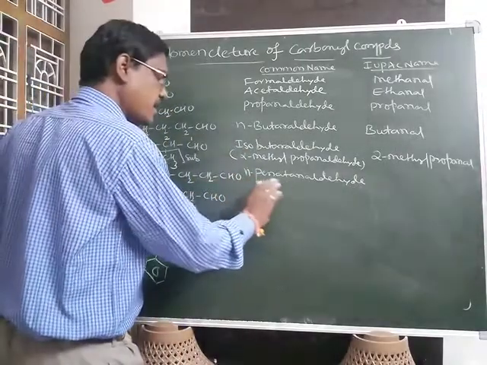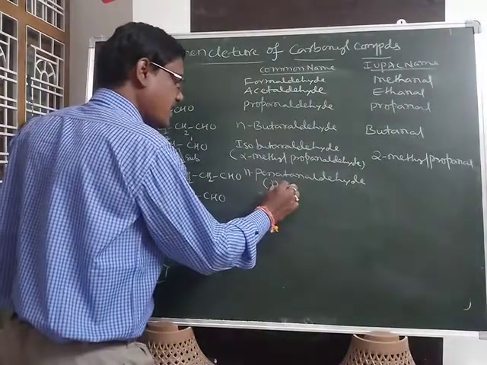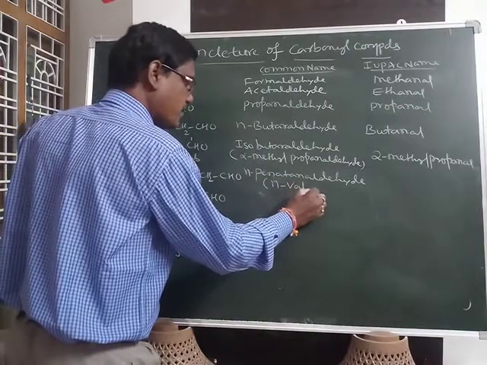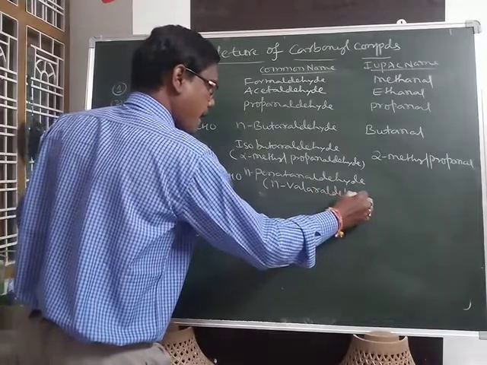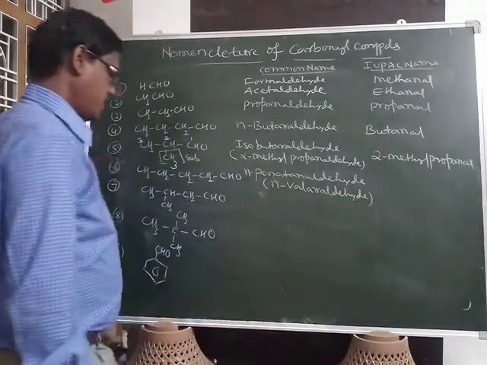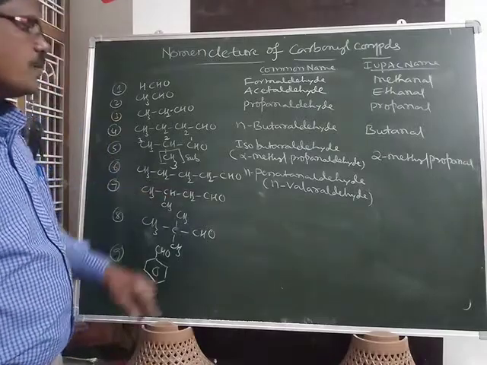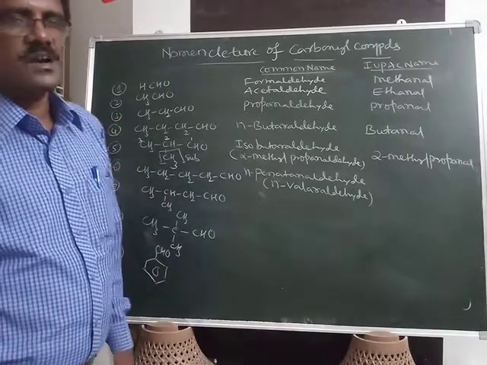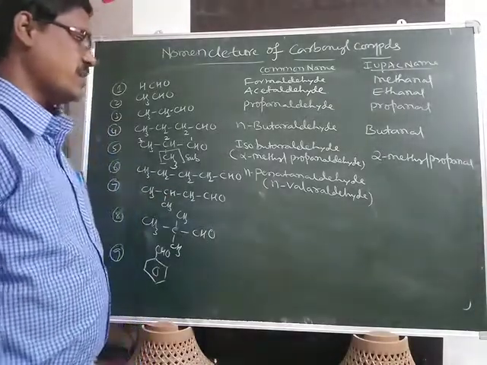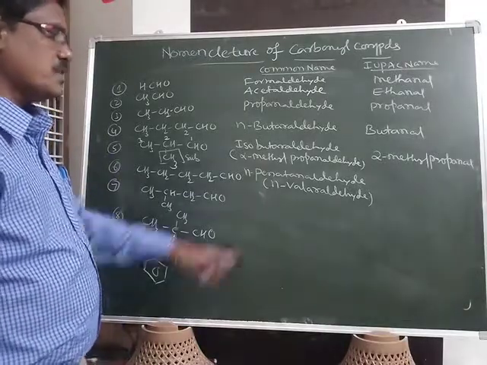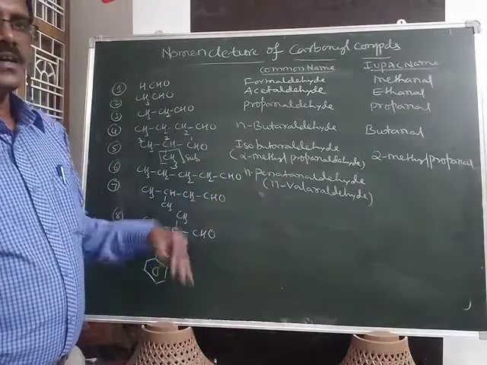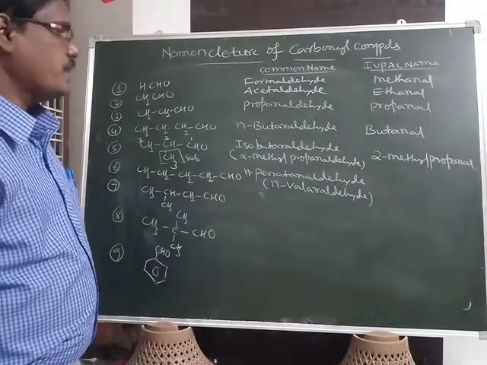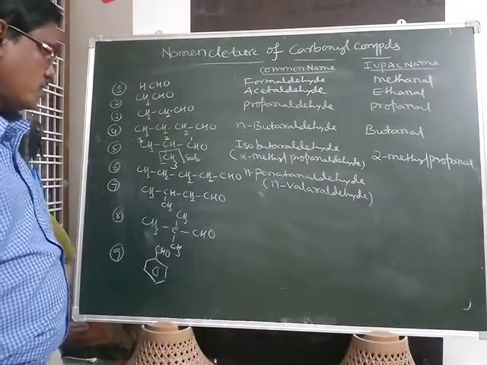Another name is N-valeraldehyde, because the 5-carbon carboxylic acid is also known as valeric acid. Valeric acid, with ic acid replaced by aldehyde, gives valeraldehyde, or pentanoic acid gives pentanaldehyde, both the same.